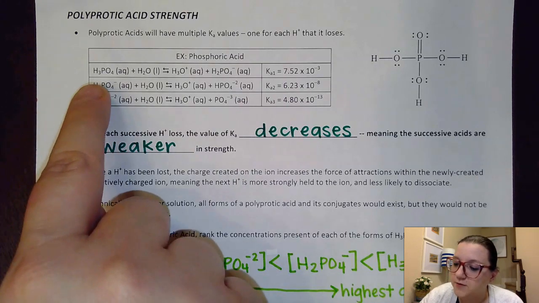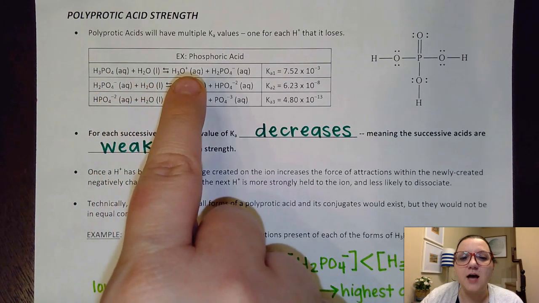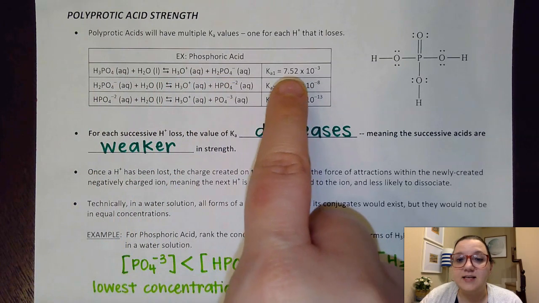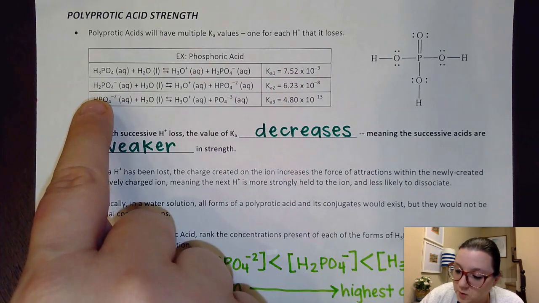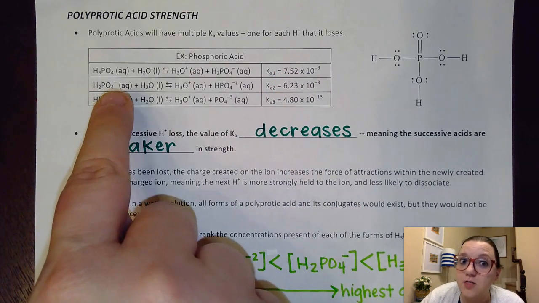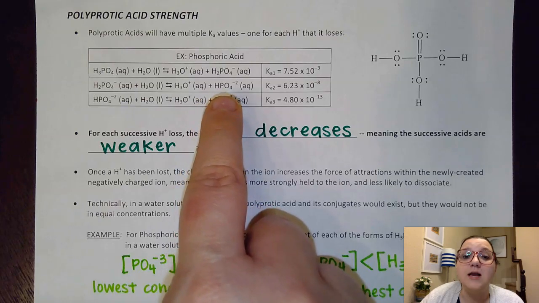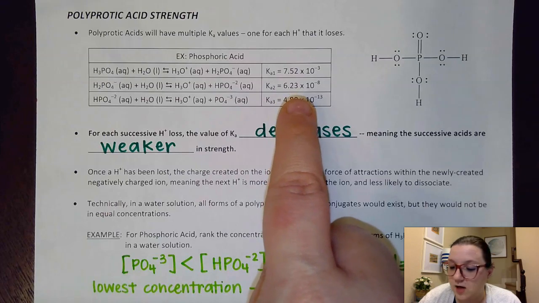So I start off here with H3PO4, and when I remove the first hydrogen to give me H2PO4 negative 1, that has a Ka value of 7.52 times 10 to the negative third. When I take H2PO4 negative 1 and remove another hydrogen, that bumps us down to HPO4 negative 2, which has a smaller Ka value.